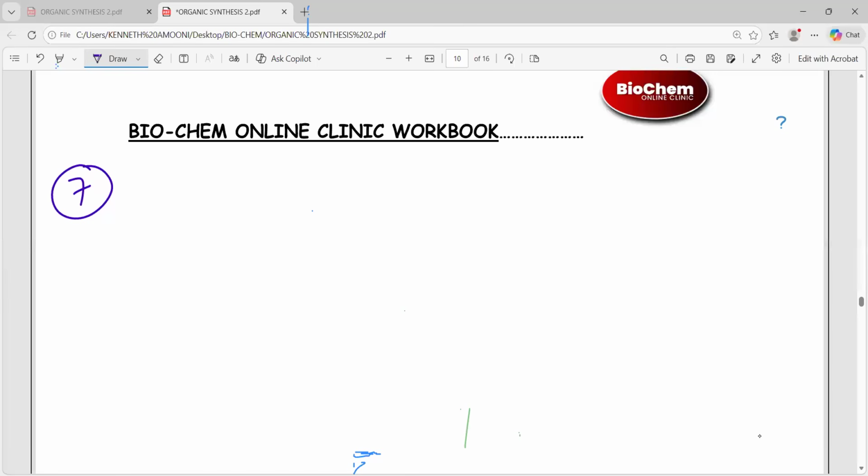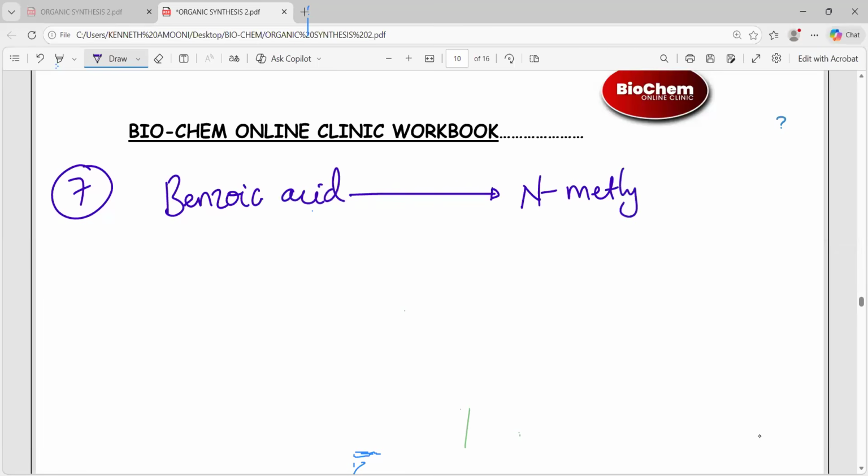The question is saying we are moving from benzoic acid to this compound. It's called N-methylaminobenzene.